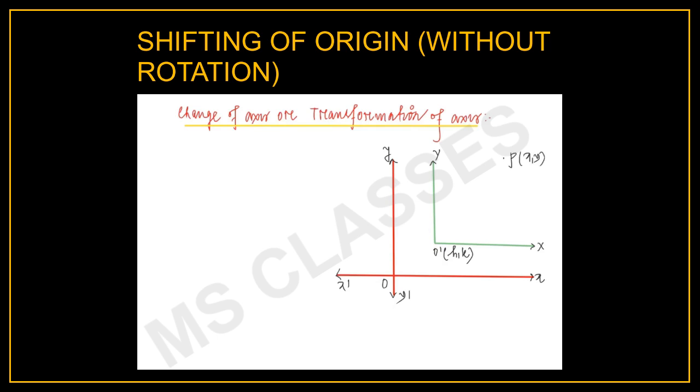The meaning of this P(x, y) is we drop a perpendicular here and we drop a perpendicular here. So you can easily understand that this is the foot of the perpendicular. Now this point is (x, 0), and this point is (0, y), such that this is x and this is y.